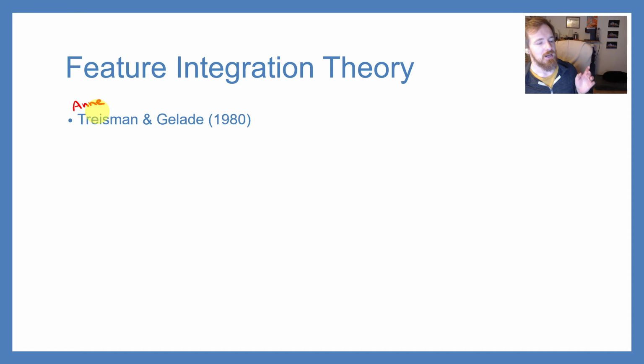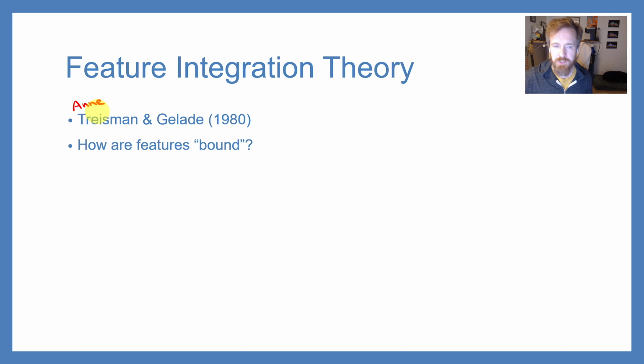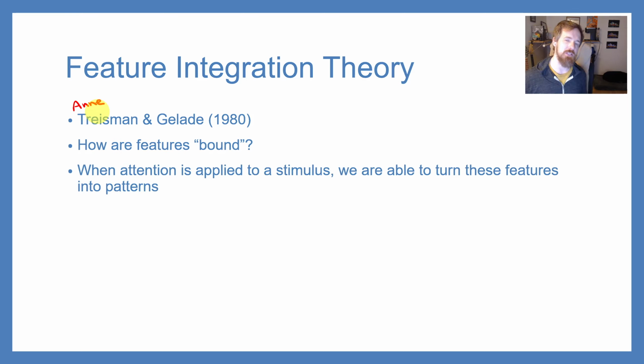That's why I love this article so much, because it's a really good example of somebody following a hypothesis and incrementing their experimental design step by step to respond to their conclusions. So basically, she was interested in the feature binding problem. You may remember this from last chapter.